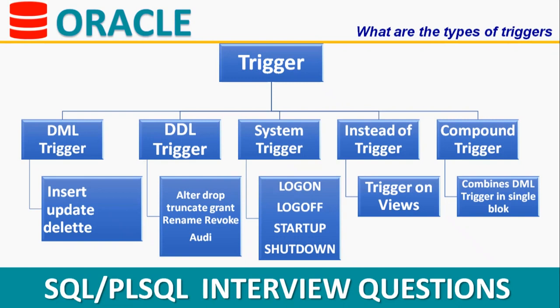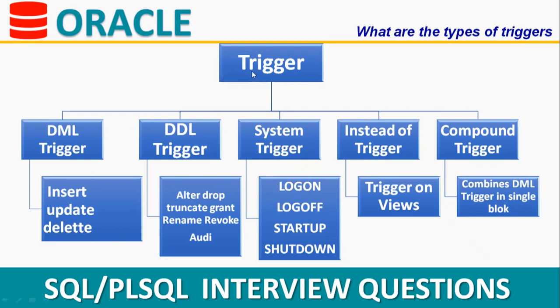To track insertions we create a DML insert trigger, to track deletes a separate DML delete trigger, and a DML update trigger, so three different types of triggers. If you want to track them one by one, we create each trigger separately. But if you want to put all the triggers together, we use the compound trigger. So these are the types of triggers we have.